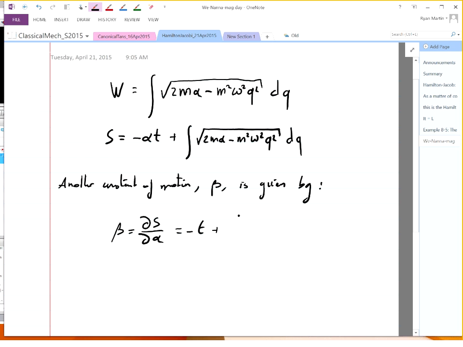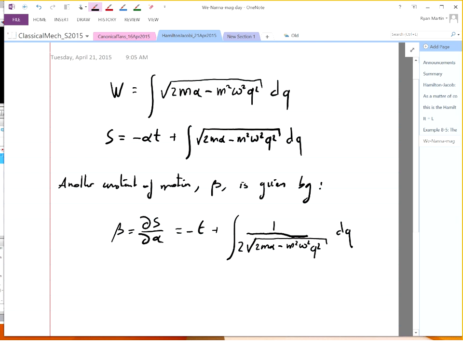And then the second term, I think, is wrong in the notes. If I take the derivatives, I can move the d by d alpha inside of the integral, right? So I have the integral of the derivative of the square root. The derivative of the square root is 1 over 2 times the square root, so I'm going to have a 2, and the square root is 2m alpha minus m squared omega squared q squared, all dq.